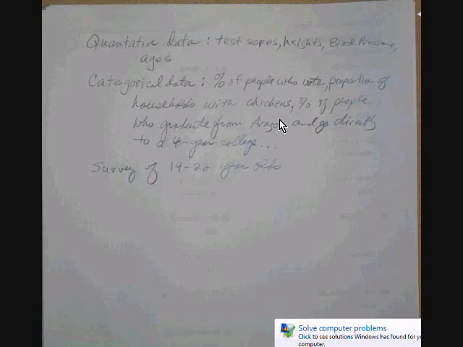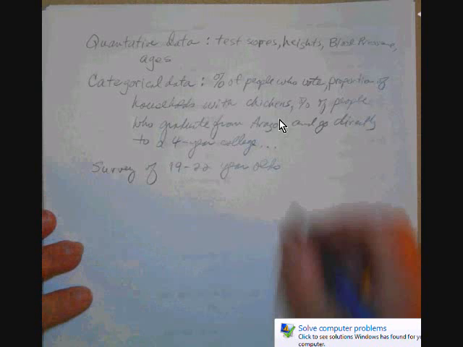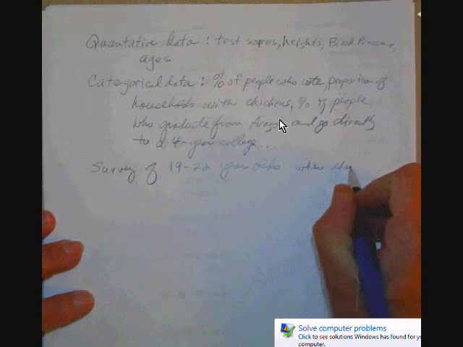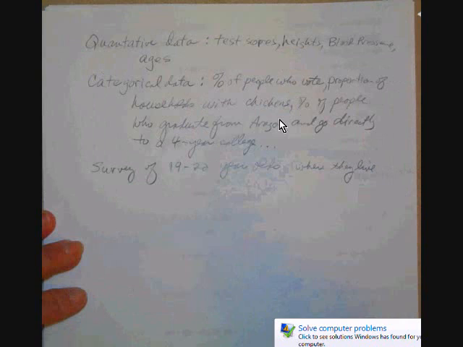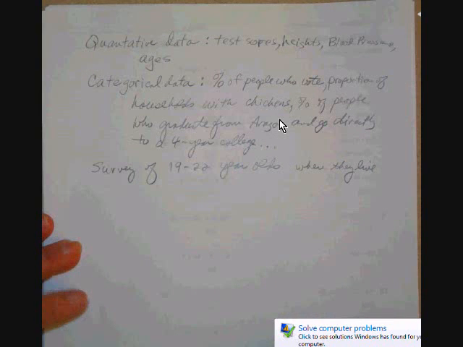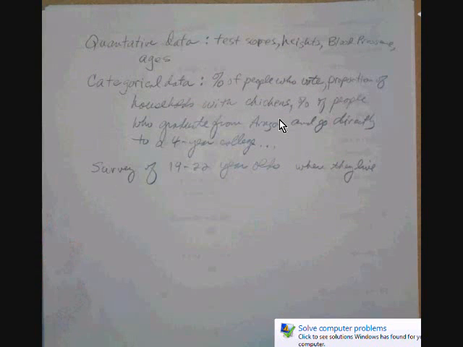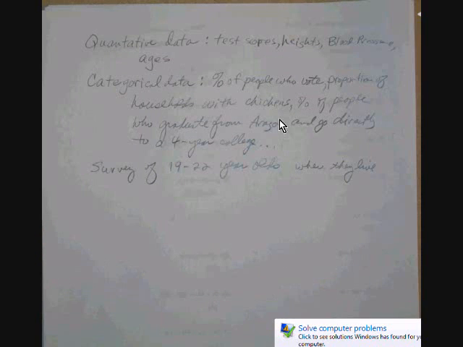Yeah. So here's a survey of 19 to 22-year-olds about where they live. And this is kind of particular as to where they live. They were given a survey that said, do you live with your parents? Do you live with a roommate?